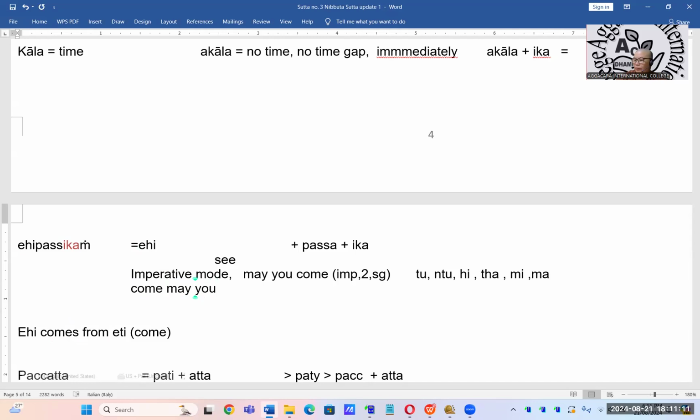Then passa, passa is see, and ika. So it means it has the quality of you come and see.